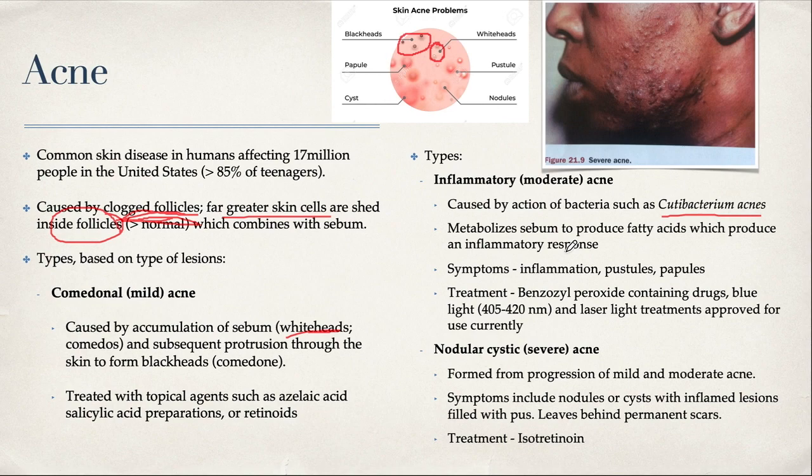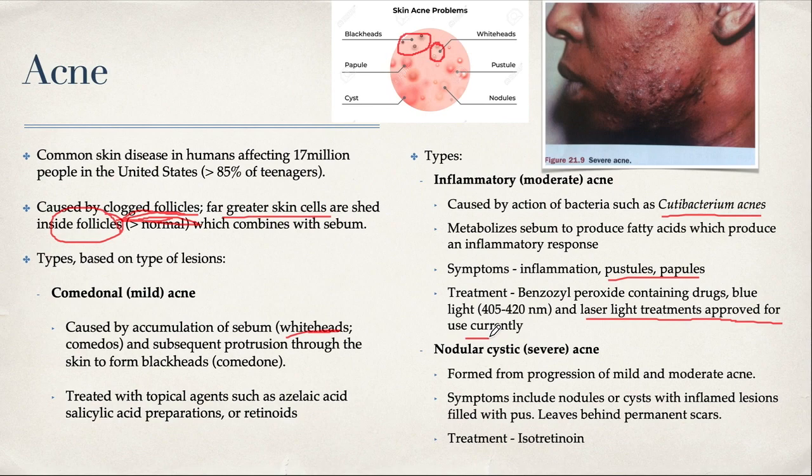So the immune system is triggered, it causes an inflammation, and it results in pustules or papules. So there's a pus formation there. Benzoyl peroxide is very effective in treating it. And more recently, laser light treatments have been employed as well.